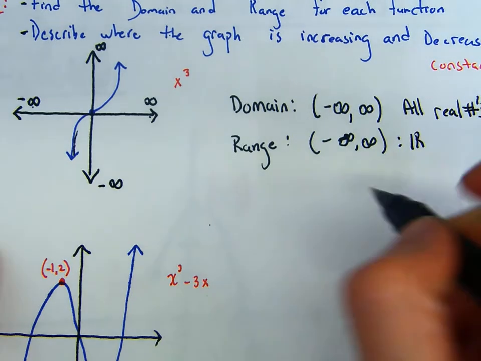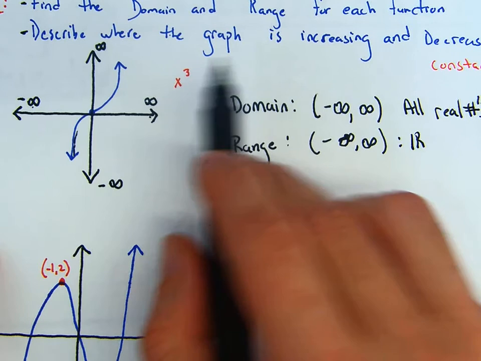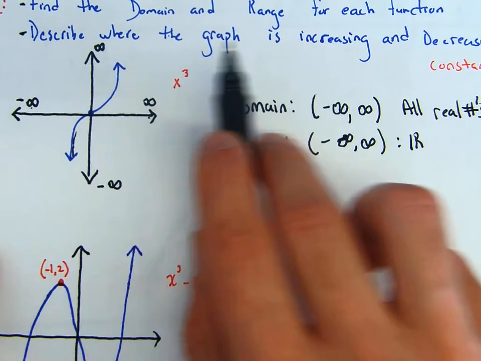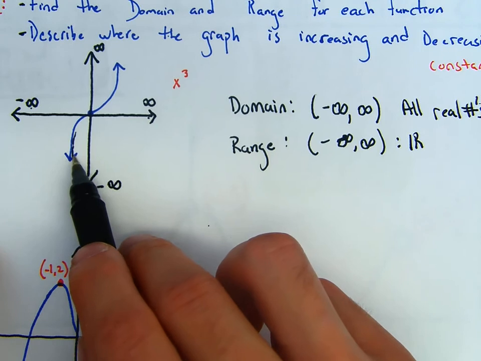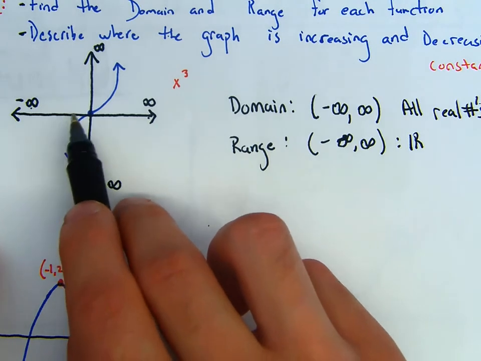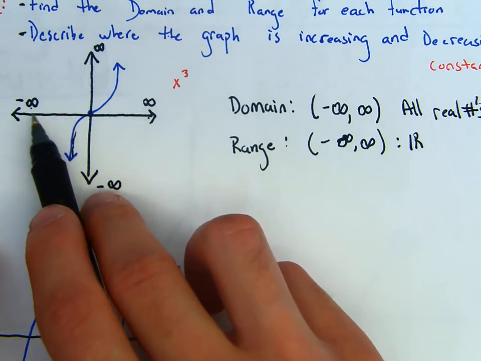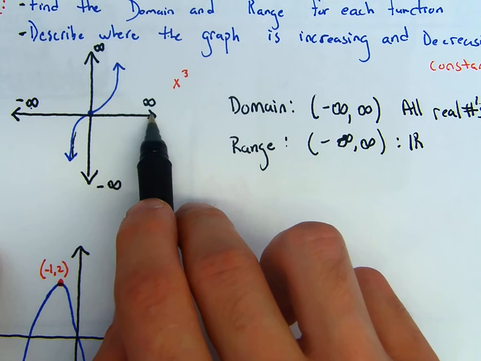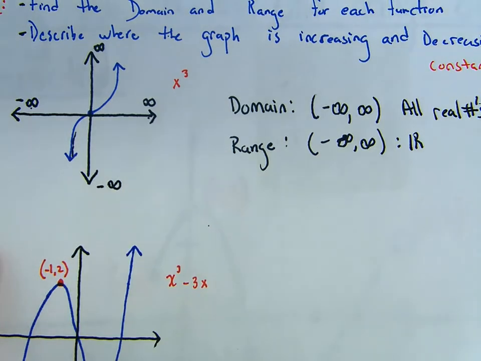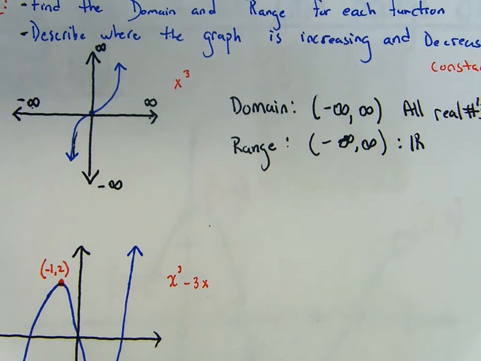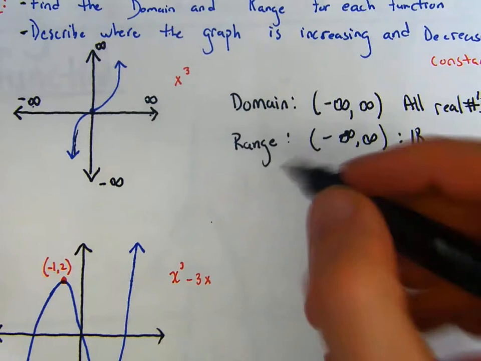Okay. So how can we talk about whether the graph is increasing or decreasing? How would you describe what is happening from x negative infinity to x positive infinity? What can we say is happening? Okay, let's see.